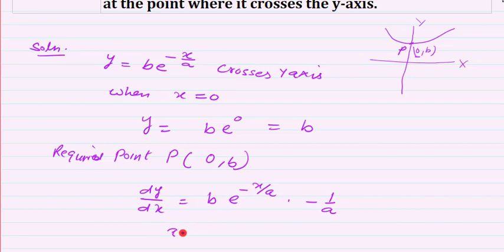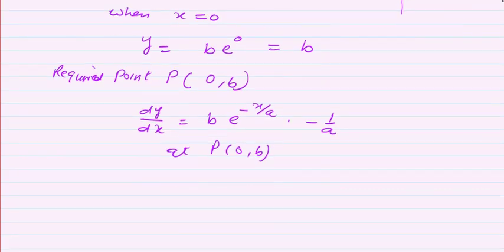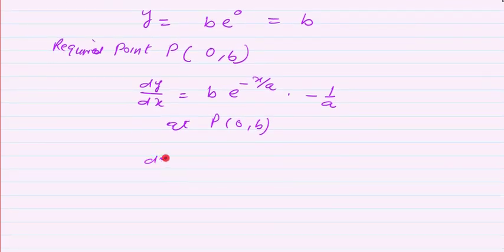So at point (0, b), dy upon dx is b into e power 0 into minus 1 upon a, which is minus b upon a. So slope of tangent we are having, and the passing point we are having. So now it is very easy for us to calculate the equation of tangent.